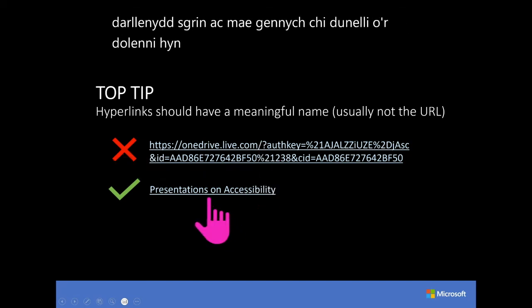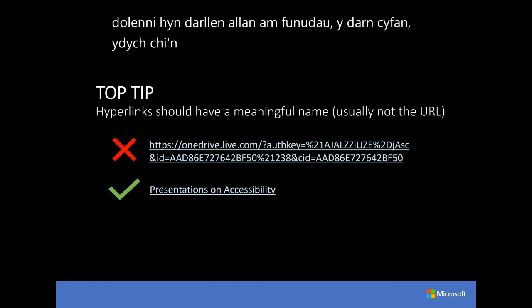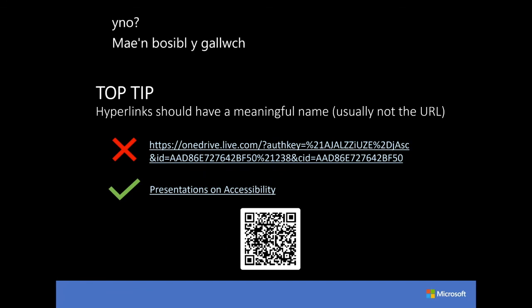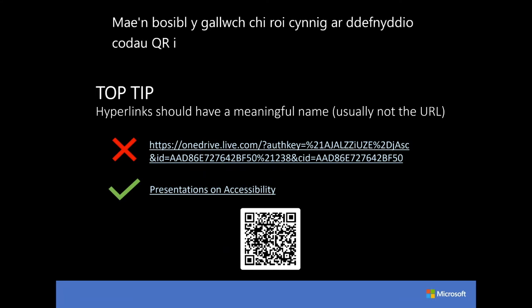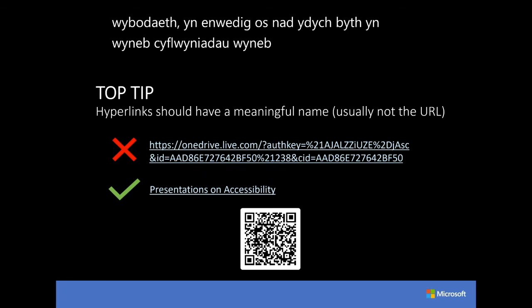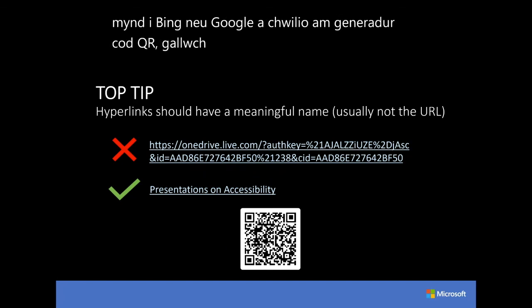Do try and do a hyperlink to say this is presentations accessibility and link from there. Or you can potentially try using QR codes to link to key bits of information, especially if you're in a face-to-face presentation. If you go to Bing or Google and search for QR code generator, you can easily produce QR codes to link into presentations.